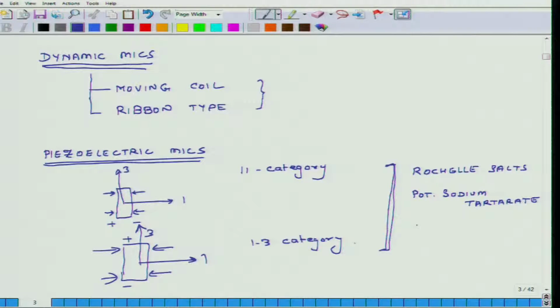Okay. Then another material is quartz. These three, and there are a bunch of others also, are naturally occurring materials.